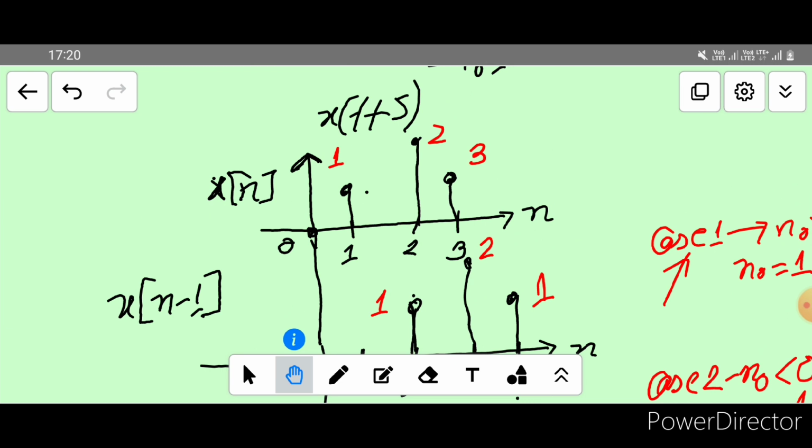the left side by n naught units. That is, the x of 1 at n equal to 1 will now be shifted to n equal to 0.